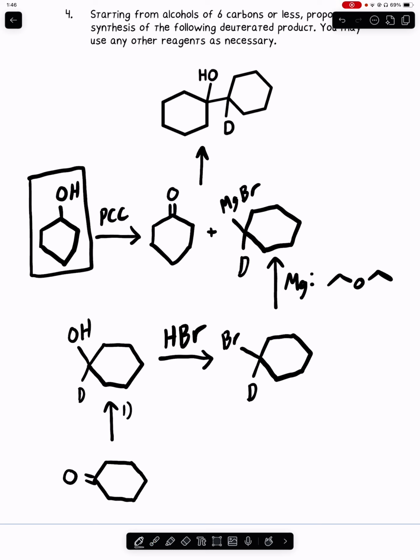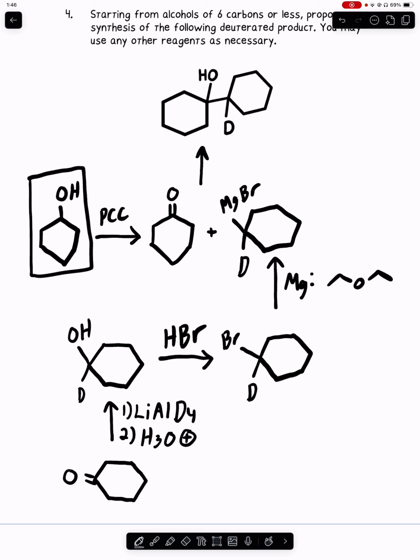Well, we can do a step one where we use something like lithium aluminum hydride, but deuterated. We want to make sure that our reagent is deuterated with that isotope of hydrogen. Step two would be the acidic workup, in order to put this proton on the final oxygen here. So that'll deliver deuterium specifically to this carbon and then put the hydrogen from the acid on that oxygen.